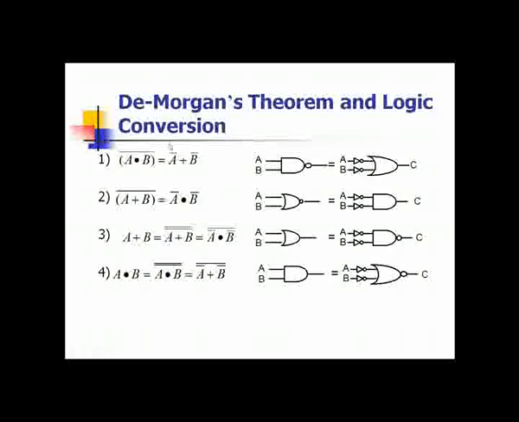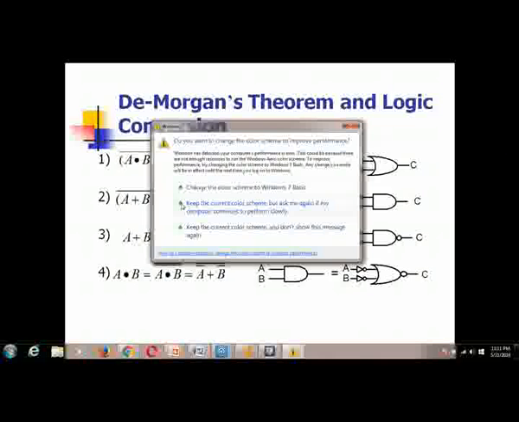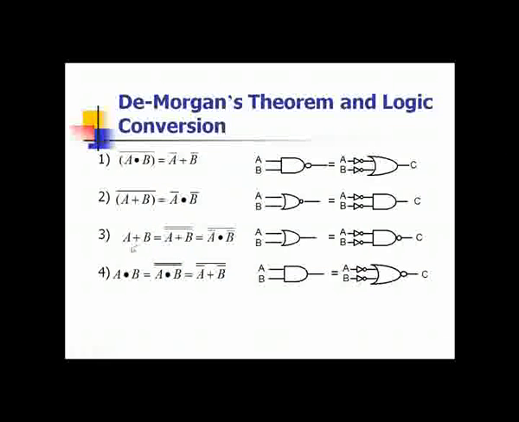Here we can see the symbolic representation of this conversion of De Morgan's law. Here A into B means the two inputs are ANDed and complemented, which is represented by this bubble, which is equal to the individual complements ORed using an OR gate, and the respective output is the conversion done by De Morgan's law.